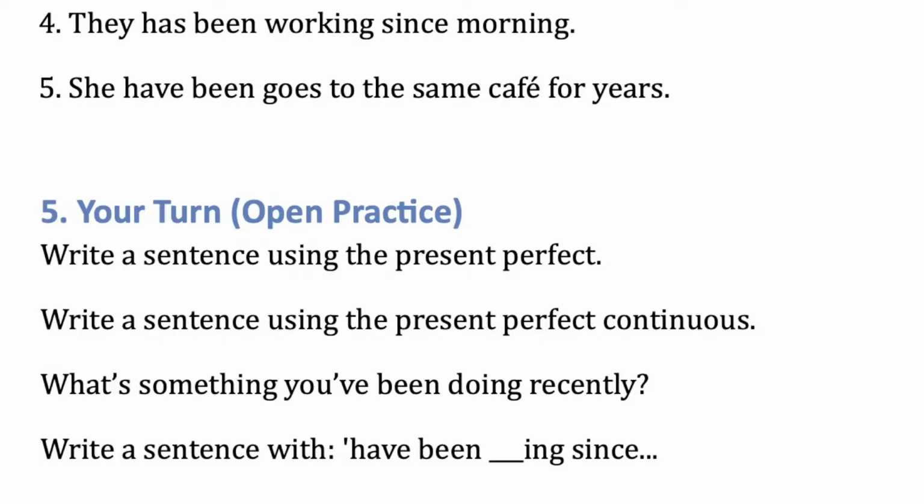Henna's sentence: I have been writing since 2020. Yep, so Henna, the fourth sentence, have been, verb -ing, since, and then time, and she did that. Katie, he has been studying, or what number is that?